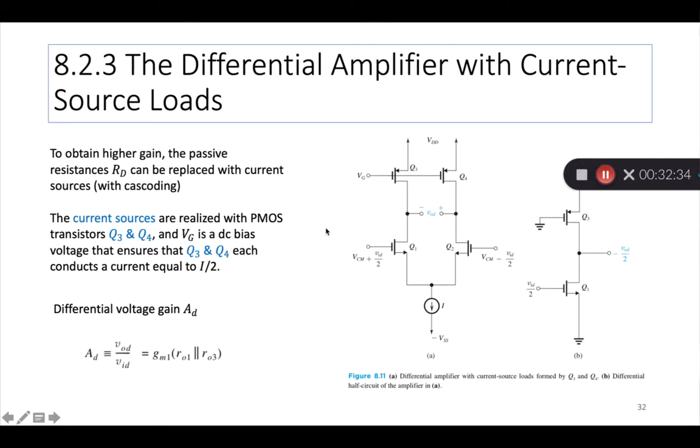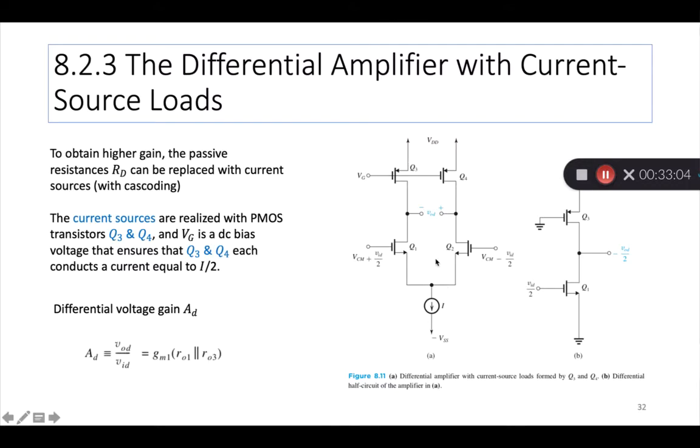And VG is a DC bias voltage that is required to ensure that Q3 and Q4 each conduct a current also equal to I by 2. So whatever current is here, I, which splits into two halves, also flows into Q3 and Q4. But to make sure that happens, your VG has to be appropriately chosen. Okay?